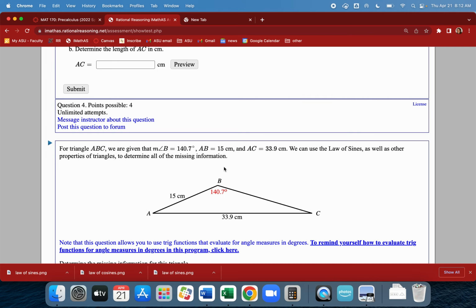So we can use the A's and B's. We can set up something like, all right, sine of angle A over side A, the thing I'm trying to solve for, is the same as sine of angle B, which is 90, over side B, which is 14.